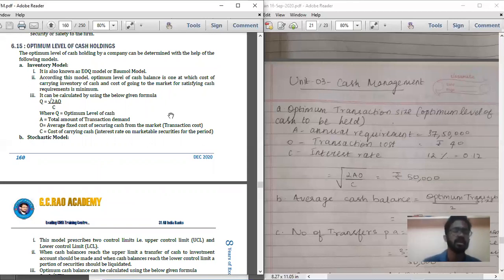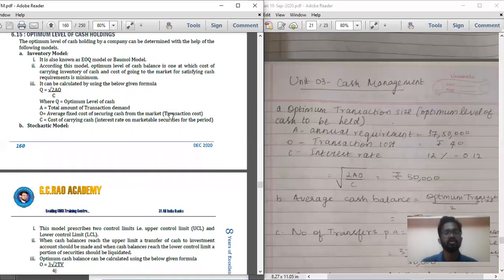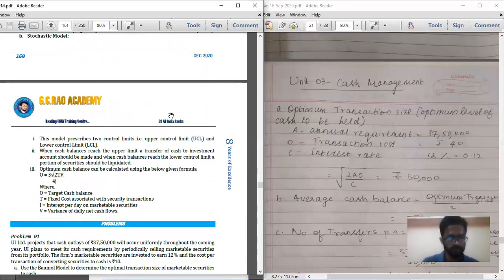And C is the carrying cost. Suppose you are holding cash in hand, what is the interest rate you are losing as opportunity cost? That is the cost of carrying cash. So the optimum level of cash is the square root of 2AO by C.